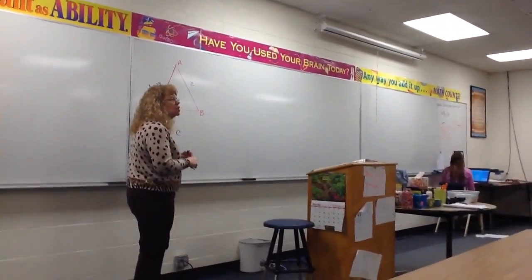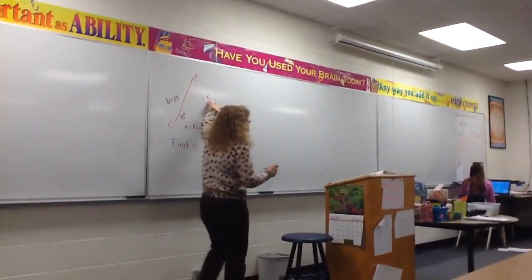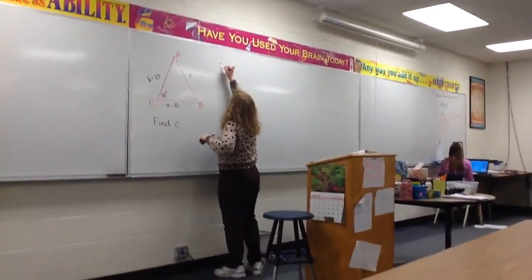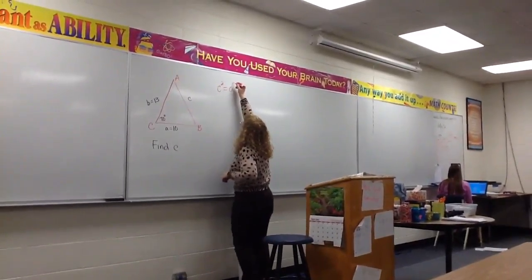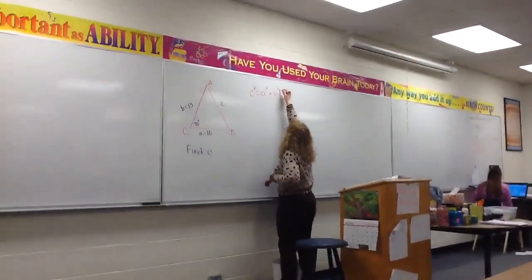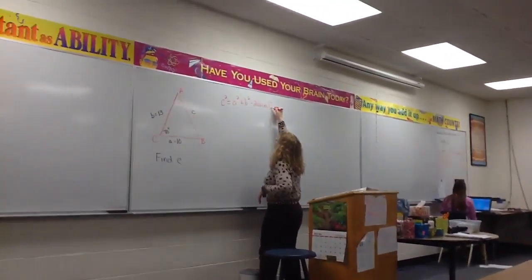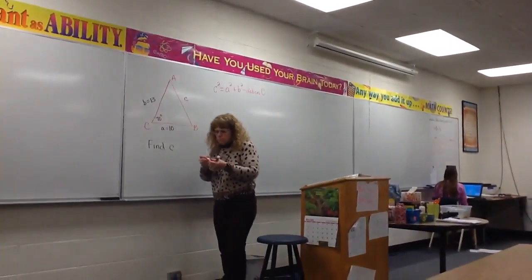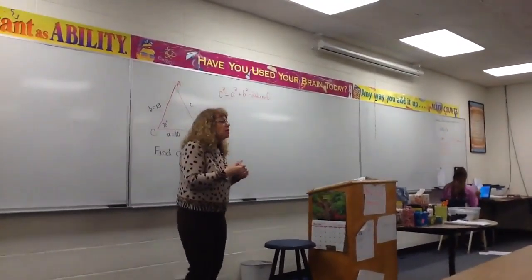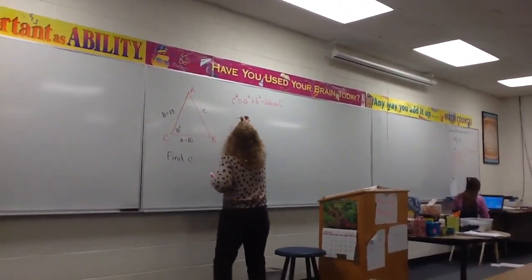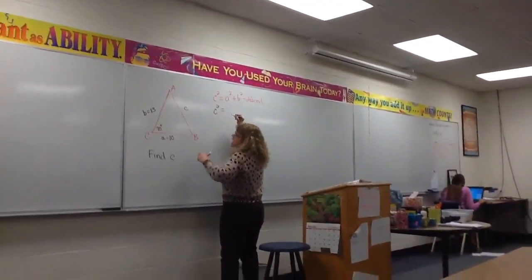What side are we looking for? C. So we're going to use c squared equals a squared plus b squared minus 2ab times cosine of angle C. All you have to do is plug the stuff in then. So what is side A?